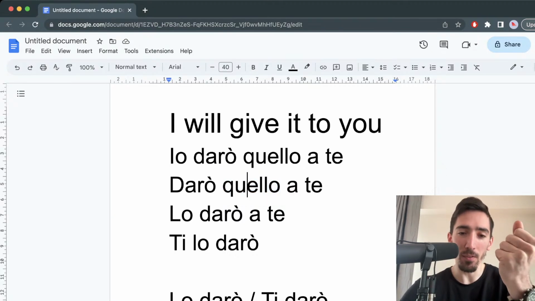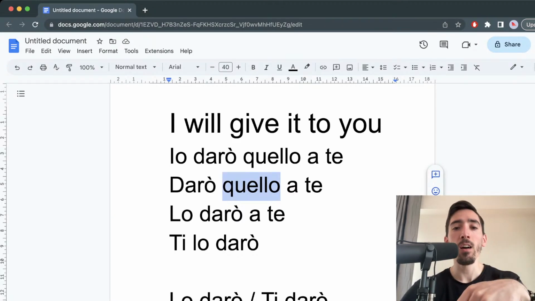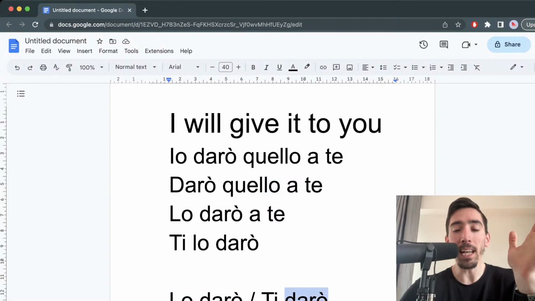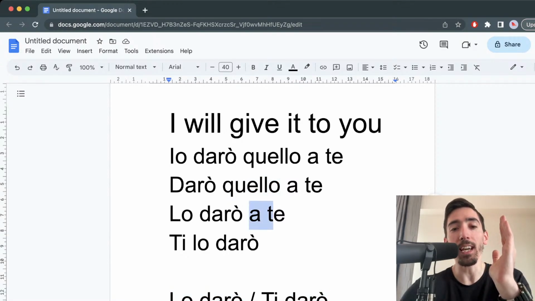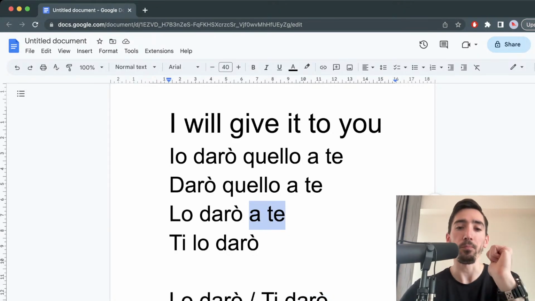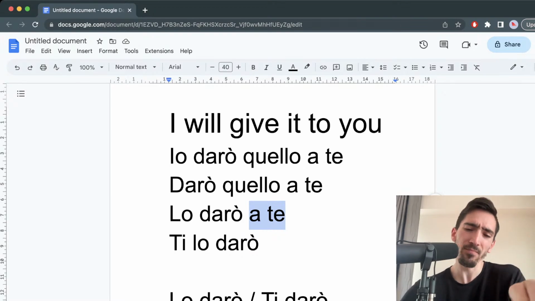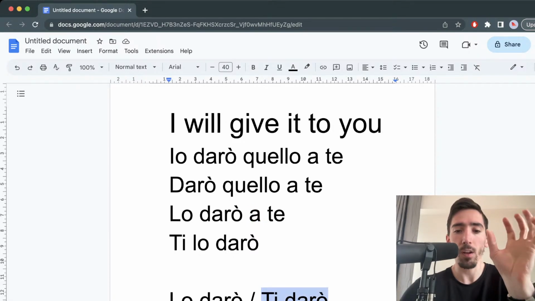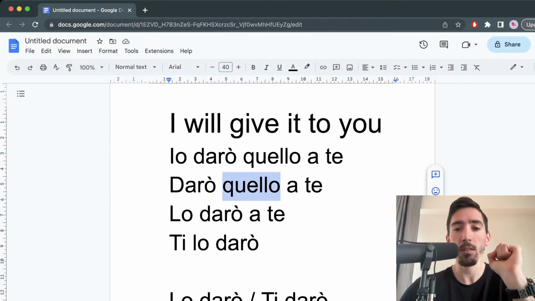That. So quello can be shortened and it becomes lo darò. The same can happen to the other constituent, which is the indirect object, to you, complemento di termine. It becomes ti darò in the short form, right? Weak form, strong form, strong form.